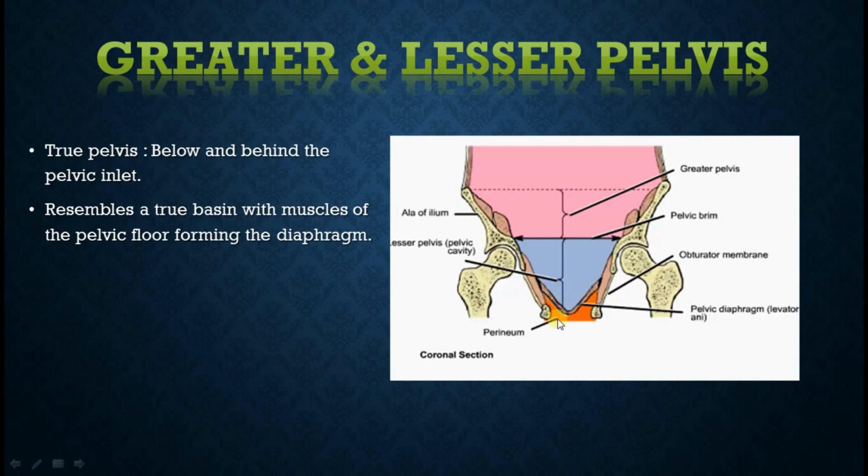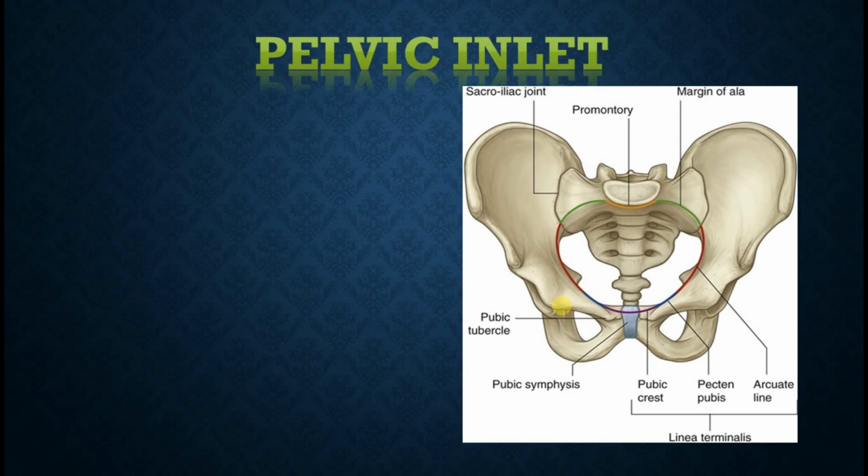Below the pelvic diaphragm, this area is called the perineum, where your external genitalia are located. So as I told you, the true pelvis comprises an inlet, a cavity and an outlet. Now coming to the pelvic inlet, as I told you, it is also called the pelvic brim.